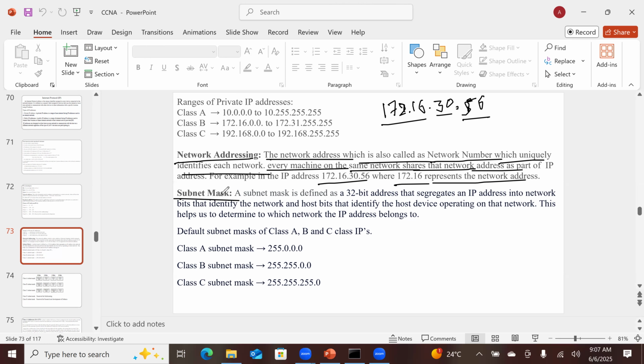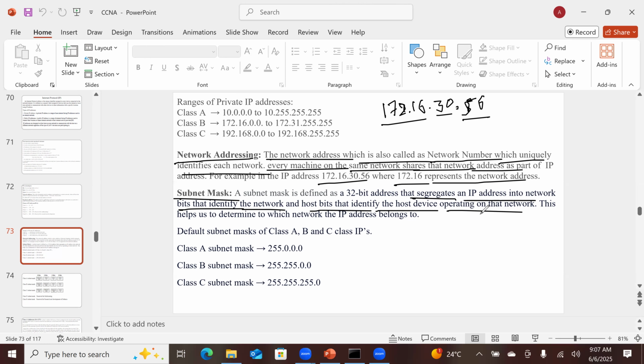So subnet mask means what? It is a 32-bit address that segregates an IP address into network bits that identify the network and host bits that identify the host device operating on that particular network.